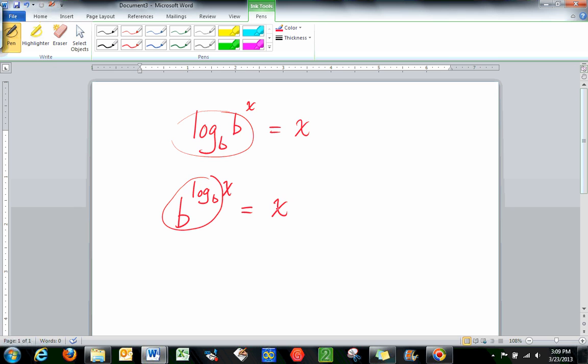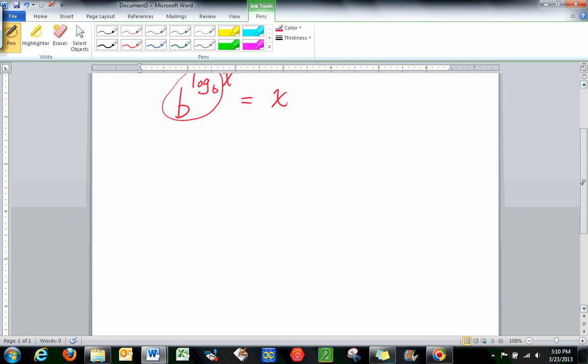I know that looks a little confusing, but this is a base of a base, and if we rewrote this as a log value, you could see how that would cancel out. Let's see how it plays out with logs of the same base.